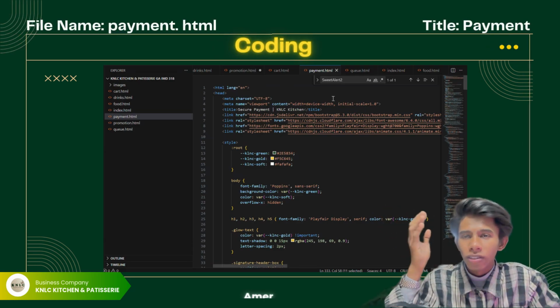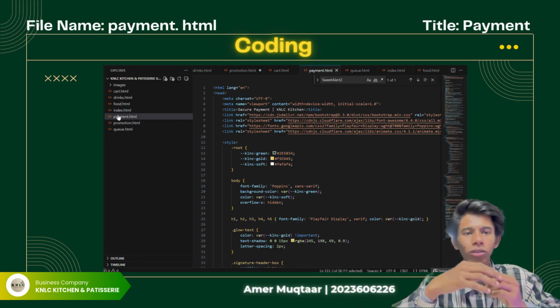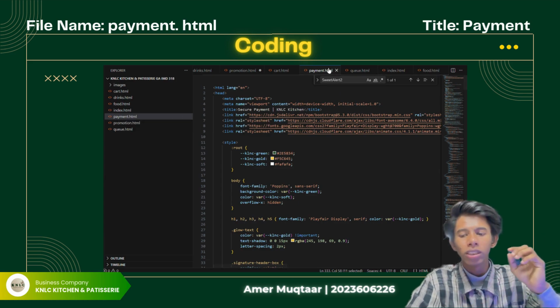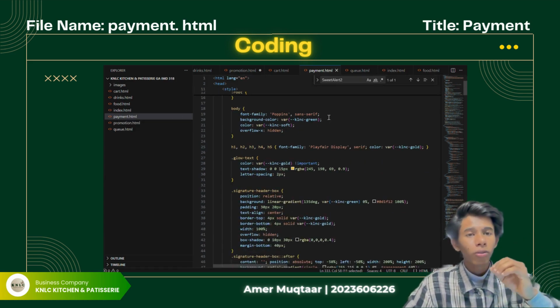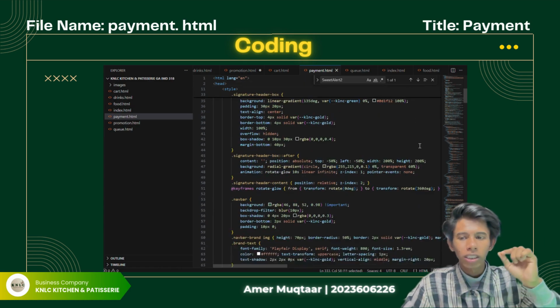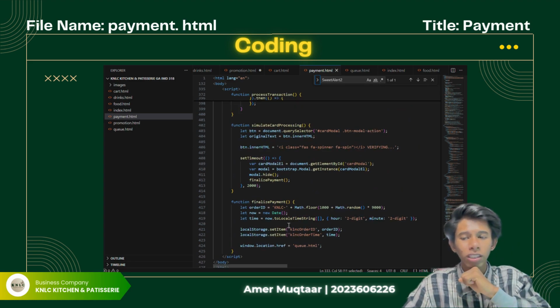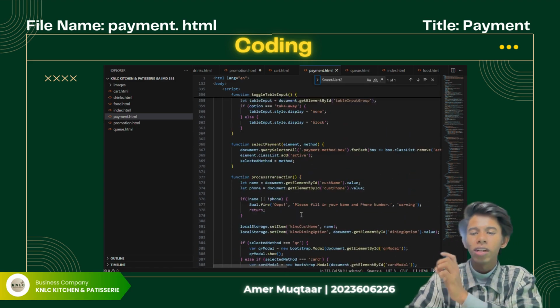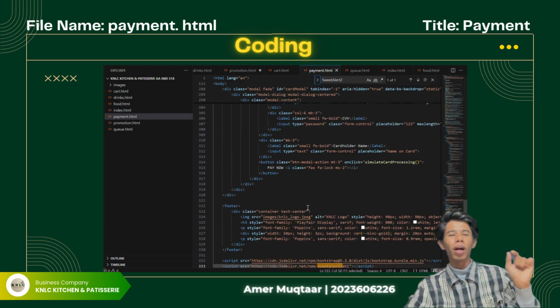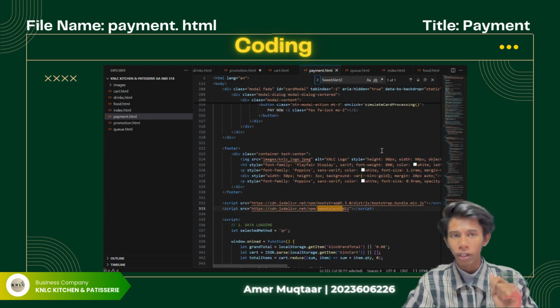Next, as you can see, this is the code snippet of payment.html. On the back end of this interface, payment.html, we utilize advanced DOM manipulation and validation logic. The transaction flow is governed by the processTransaction function.